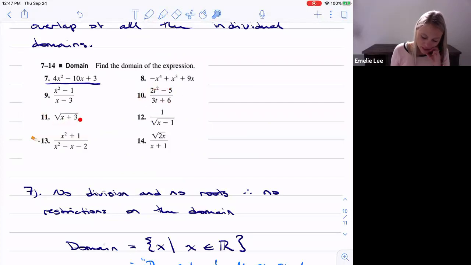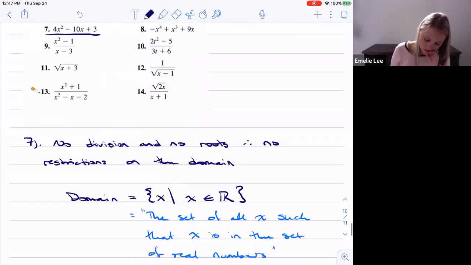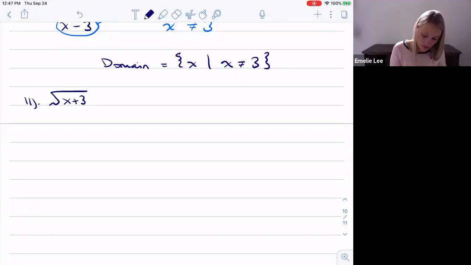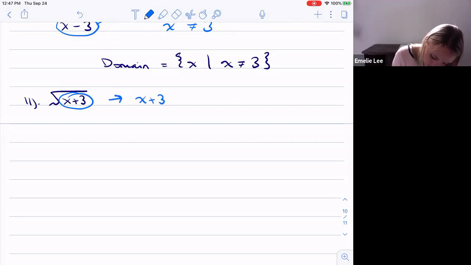Let's have a look at 11. So 11, now I've got a square root. I've got the root of x plus 3. The condition is, well, I can't take the square root of a negative number. And so here, x plus 3 has to be greater than or equal to 0.